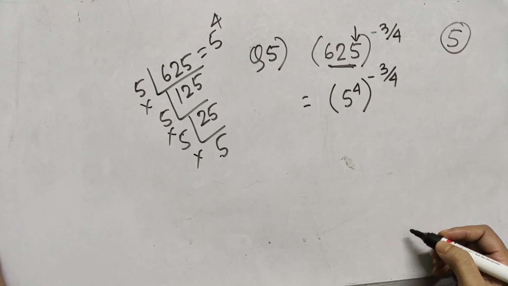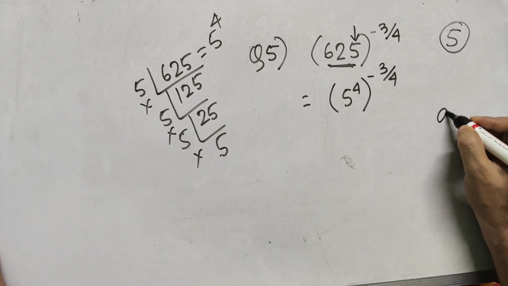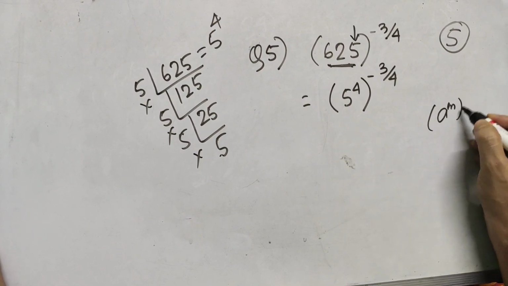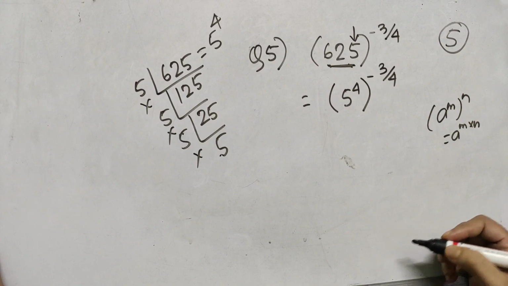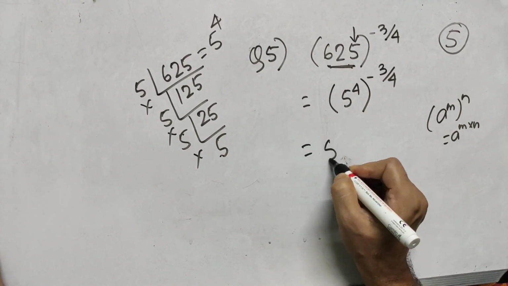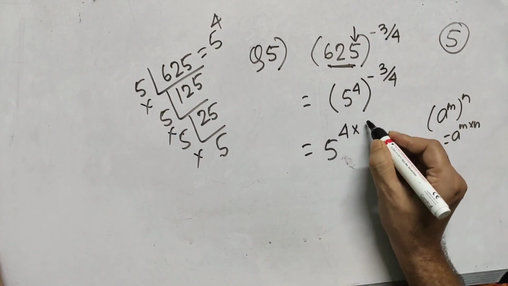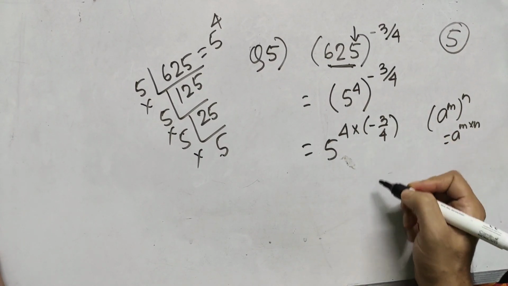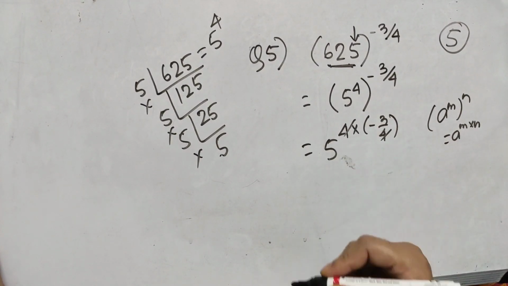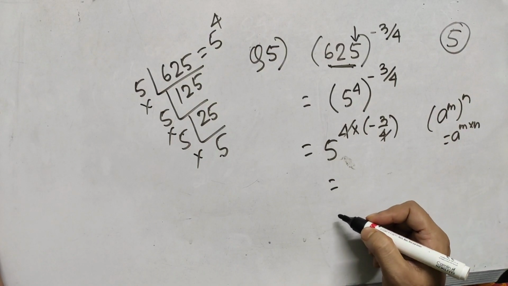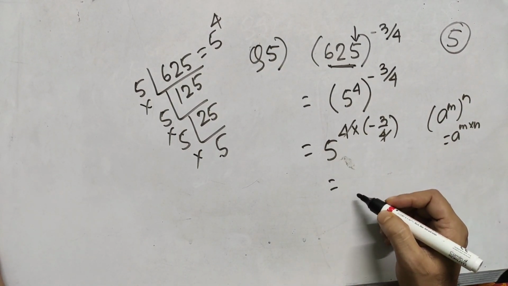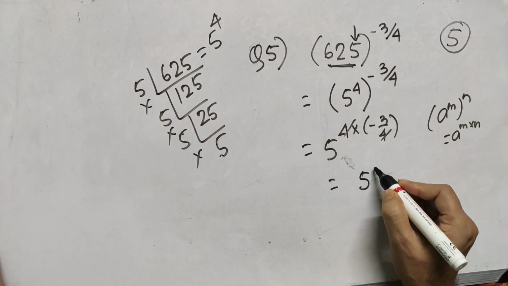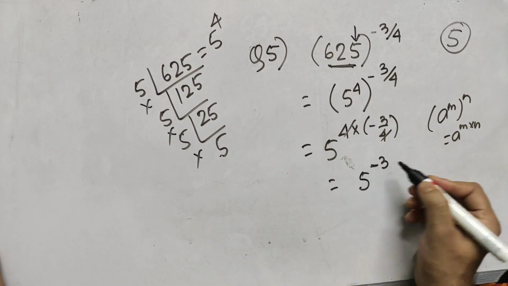Same properties, (a to the power m) to the power n, that means the powers are going to be multiplied, a to the power m into n. So what can we write? 5 to the power 4 into minus 3 by 4. The 4s cancel, and finally we have negative 3 as our exponent, so it can be written as 5 to the power minus 3.